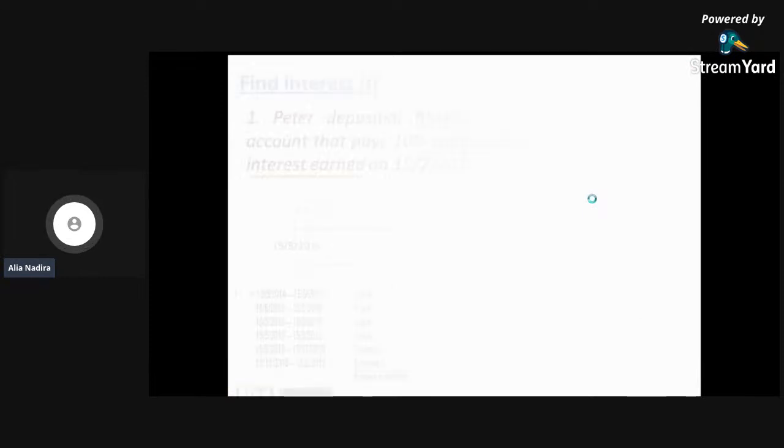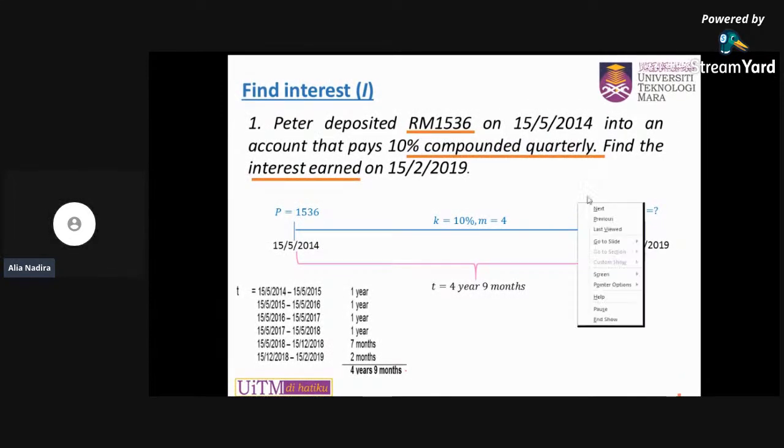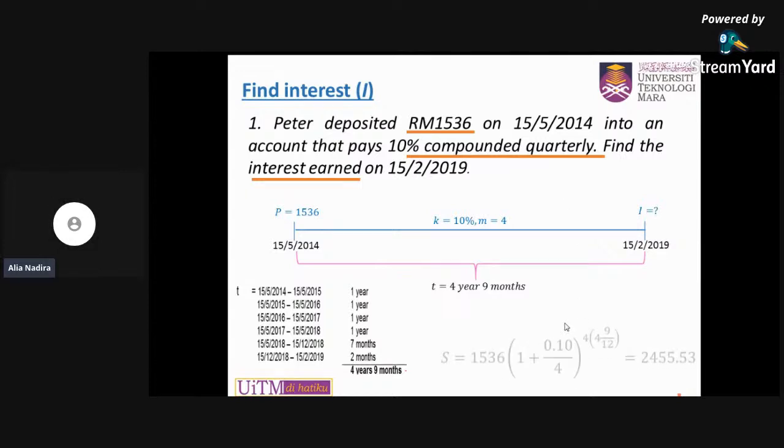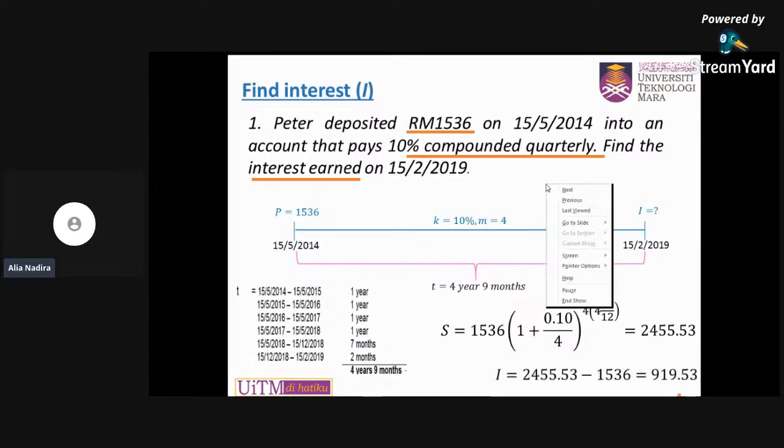Okay, next let's say we want to find interest. We want to find I. Deposited 1536 on 15th of May 2014 into an account that pays 10% compounded quarterly.